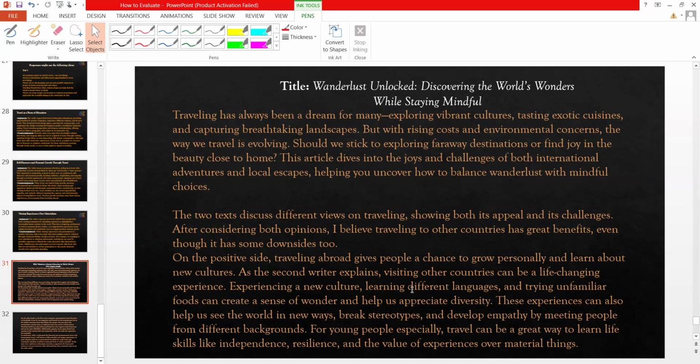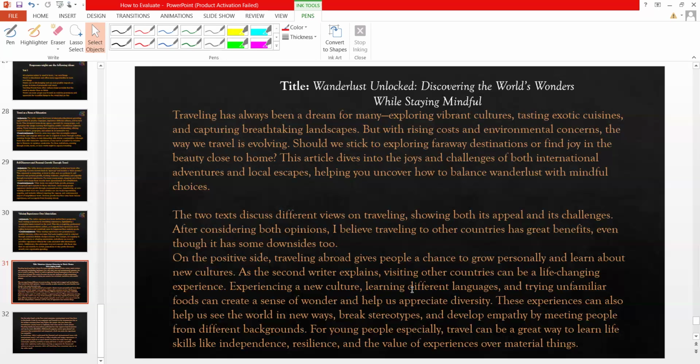Traveling has always been a dream for many, exploring vibrant cultures, tasting exotic cuisines, and capturing breathtaking landscapes. But with rising cost and environmental concerns, the way we travel is evolving. Should we stick to exploring faraway destinations or find joy in the beauty close to home?